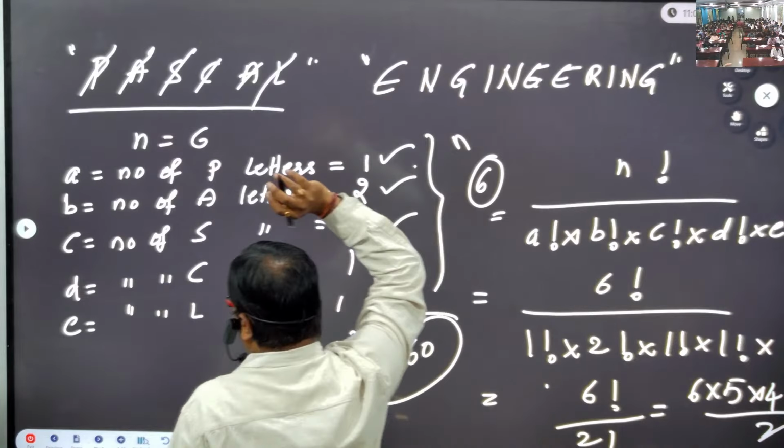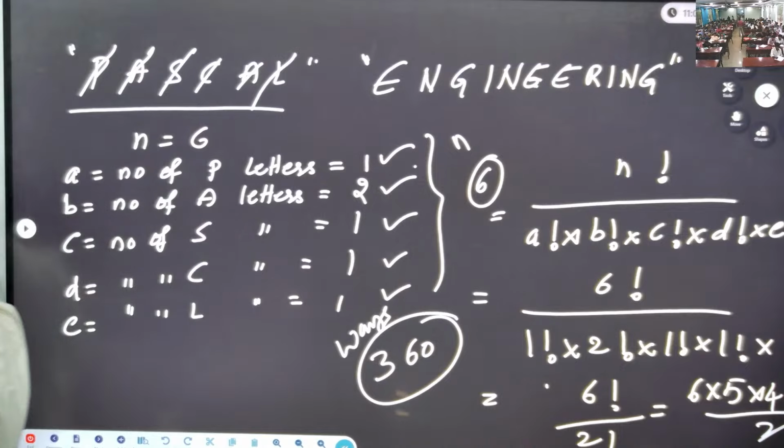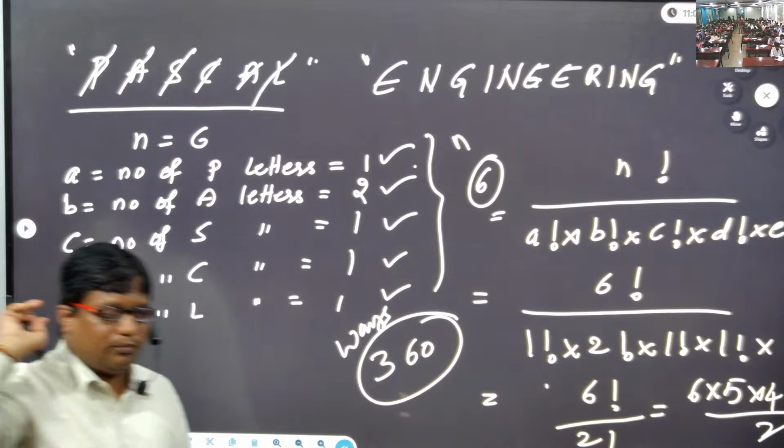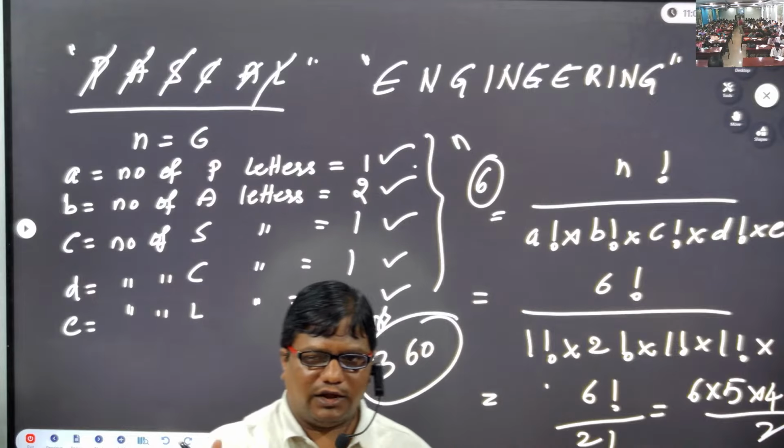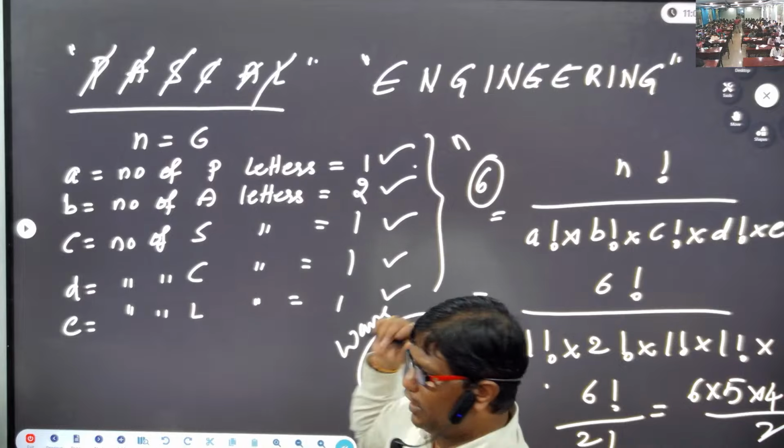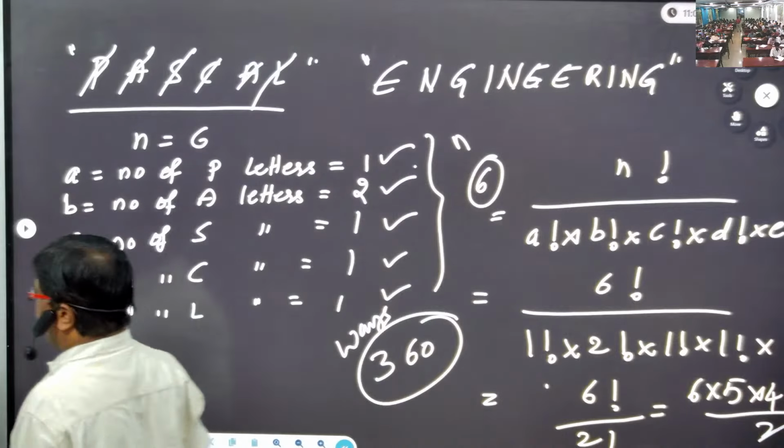Engineering. Okay. What is the n value? 11 is the n value, right? So the a value is of which letters?